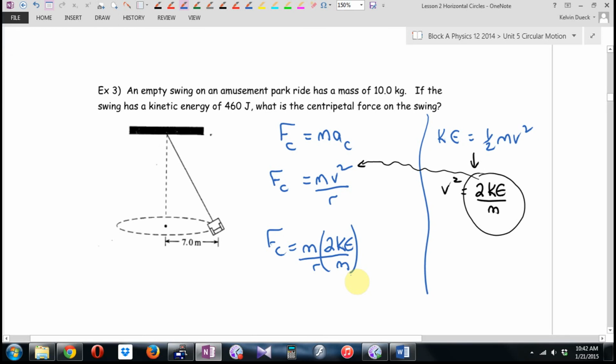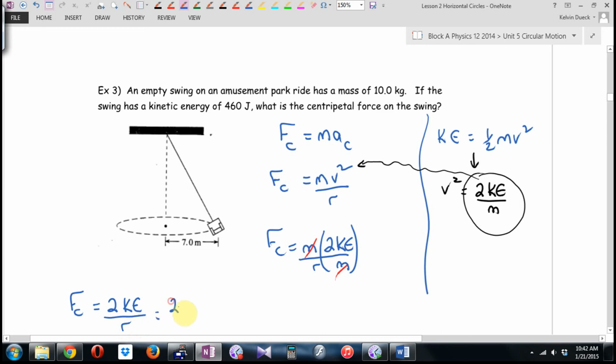Hey, what happens? If you're moving in a circle and you don't know your speed, but you know your kinetic energy, it's twice the kinetic energy divided by the radius.